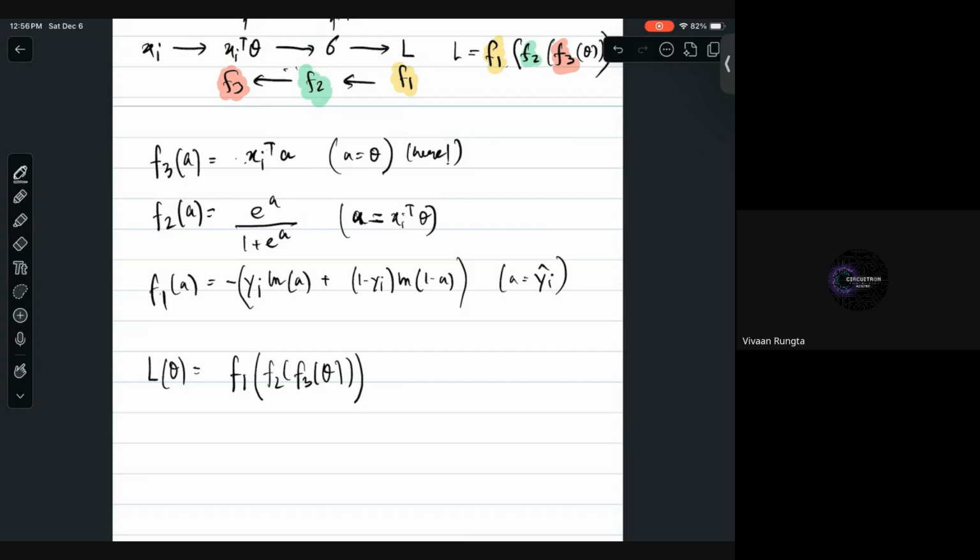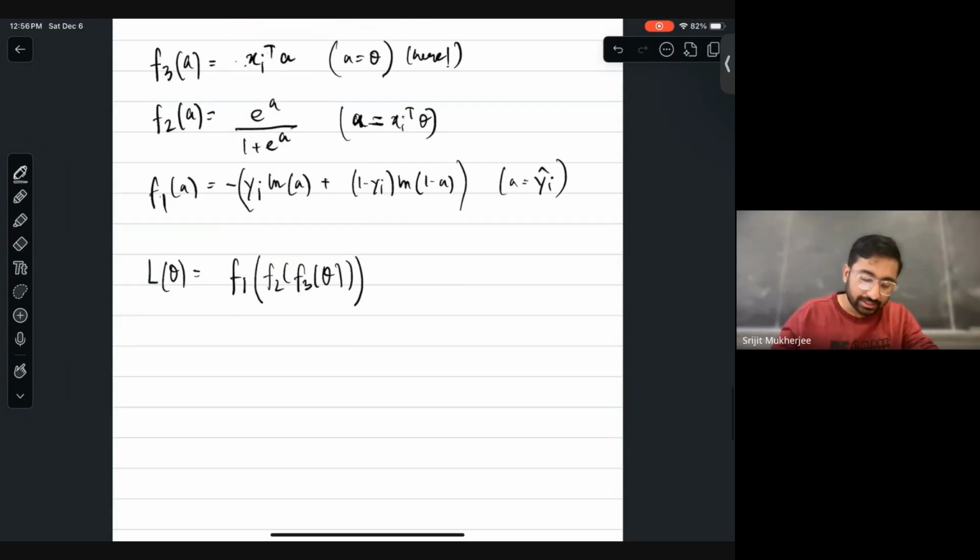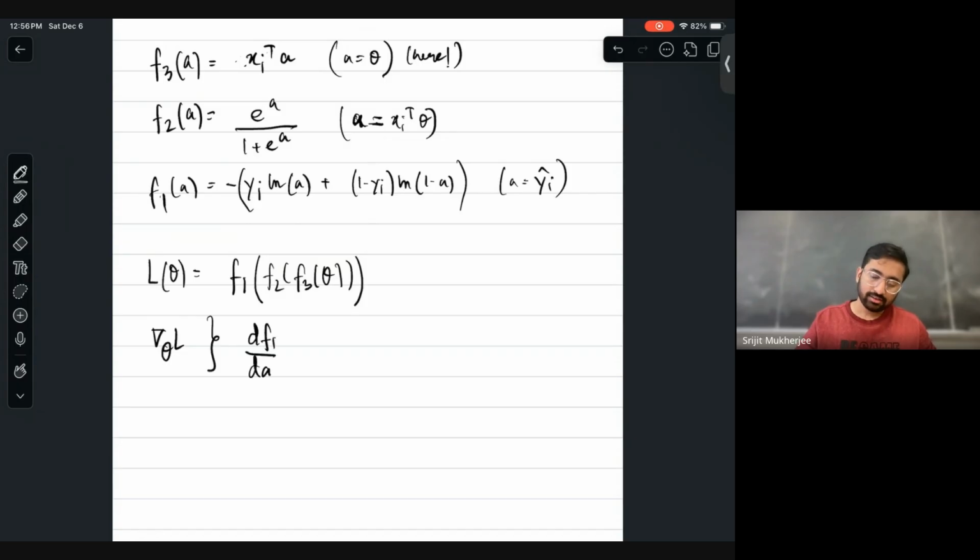Yes. So to find del L del theta symbolically, you do not need to find the derivative of this entire thing. Essentially you need three things: del F1 del a, del F2 del a, and del F3 del a, because all of them are functions of a.